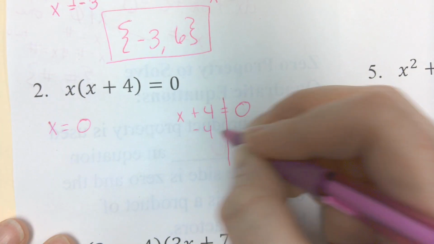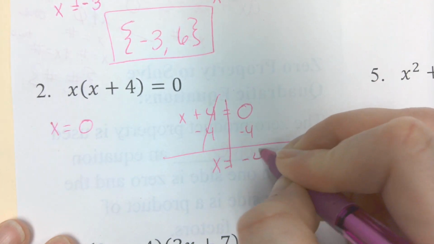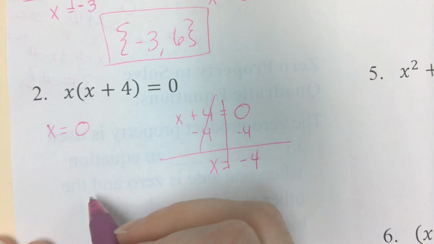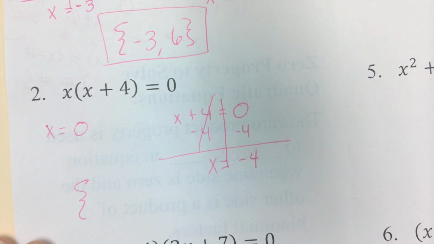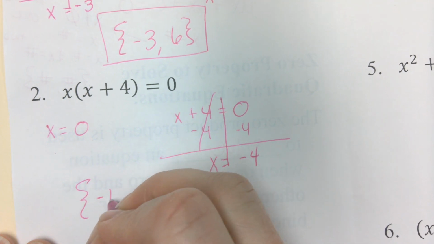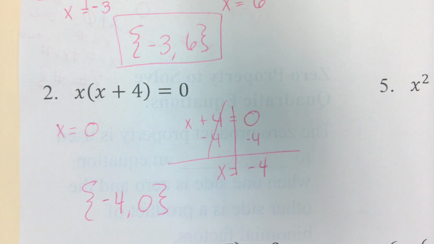We subtract 4, x equals -4. So we can write our two solutions. It would be 0 and -4. Usually they want you to have it in order from smallest to largest. So I would put -4, 0. Because that's how you'll see it.